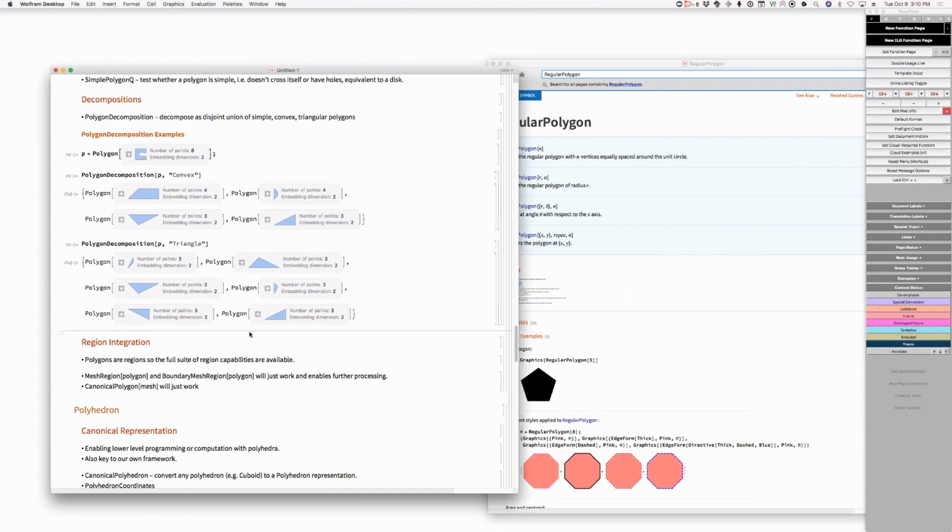Okay. Region integration. Yeah, so these polygons obviously are fully integrated with the whole region framework.